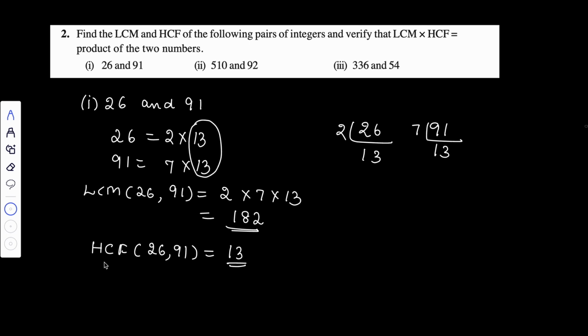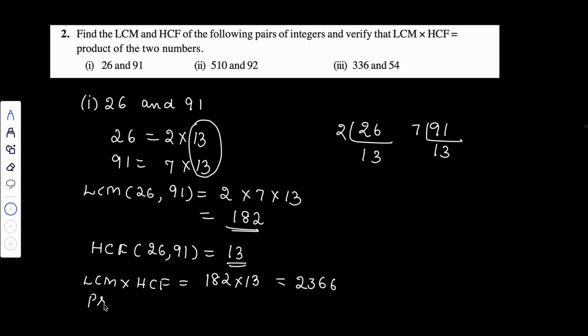Now for the verification, we want to multiply LCM into HCF. That is 182 into 13. When you multiply this, you will get here 2366.